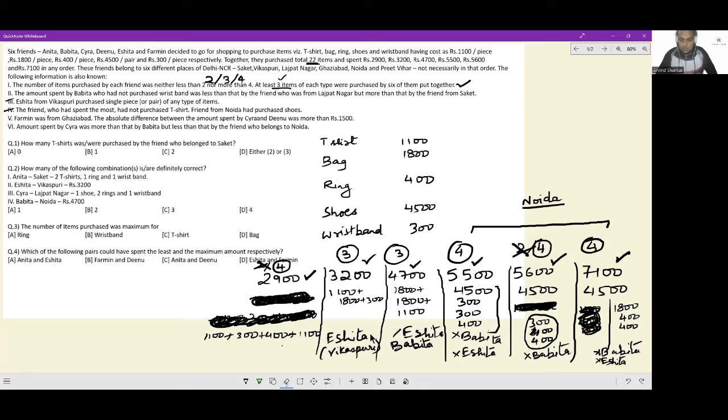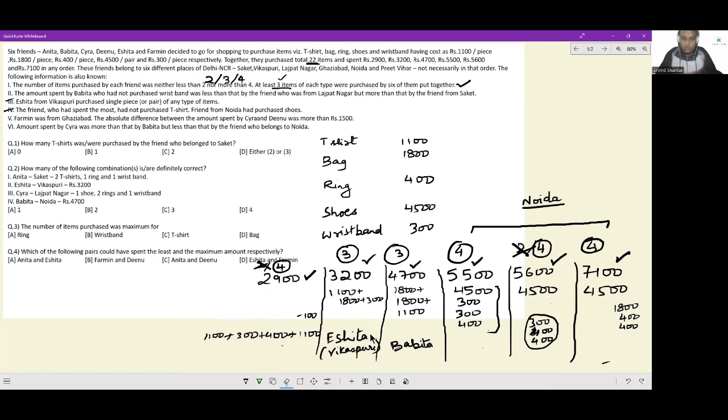Let me remove these things because this is clogging up the space, and I already have all I need. I'm also getting rid of all these unacceptable cases so I have more space. Babita and Ishita, we have already allocated.